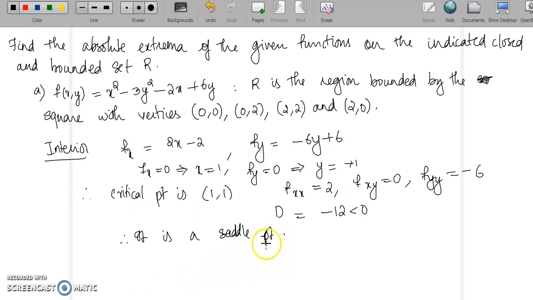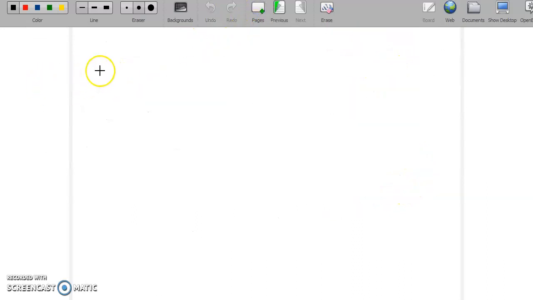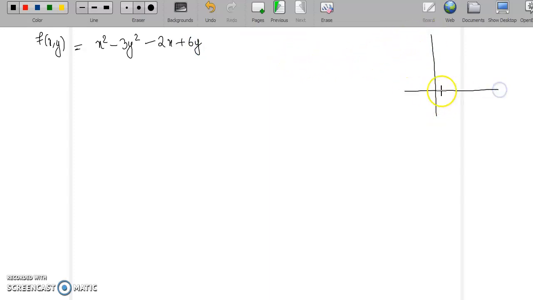Now let us look at the boundary. We have the function f of x, y equal to x square minus 3y square minus 2x plus 6y, and a region which is a square with vertices (0, 0), then (2, 0), then (2, 2), and then (0, 2).